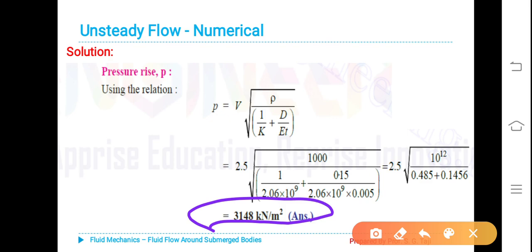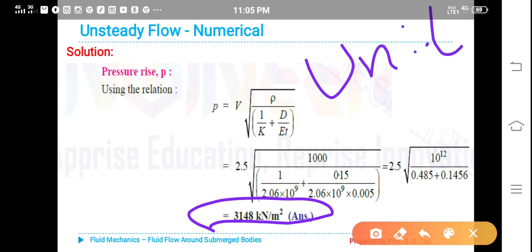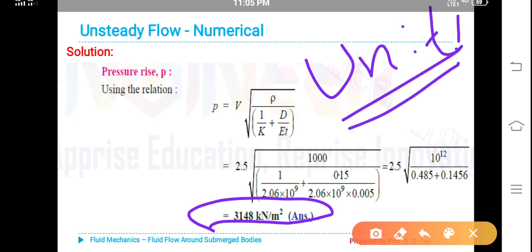Also, write the answer with the unit. Otherwise, without your knowledge, you may be losing around 8 to 10 marks overall in this subject just if you do not write the units. Please keep in mind to write units for answers.